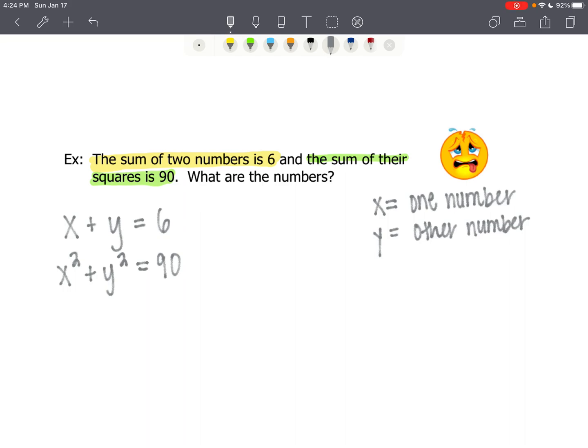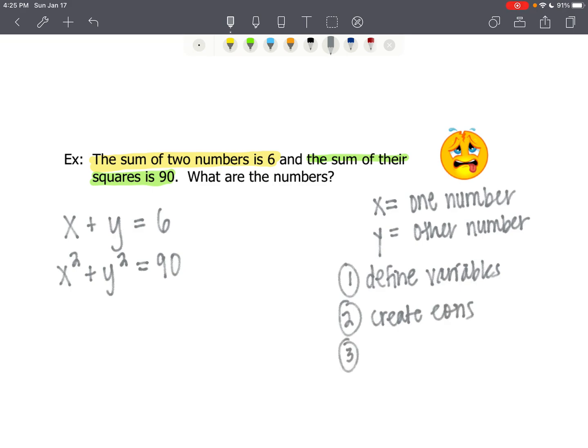So we're going to use one equation to write in terms of the other variable. So our first step is to define the variables, which we did. The second step was to create our equations. And then our last step is to solve.